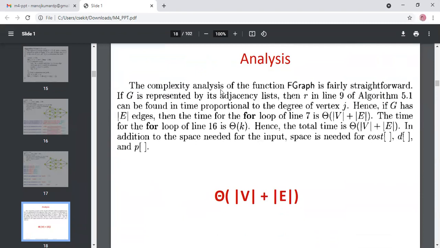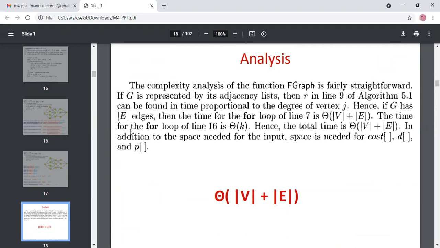The complexity analysis of the function FGraph is fairly straightforward. If G is represented by its adjacency list, then r can be found in time proportional to the degree of vertex j.